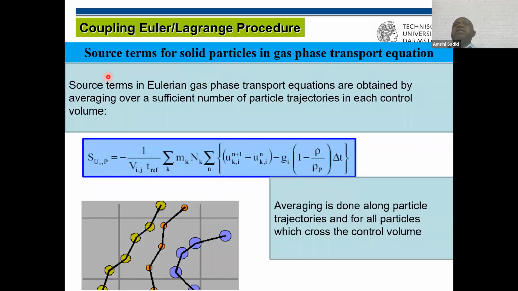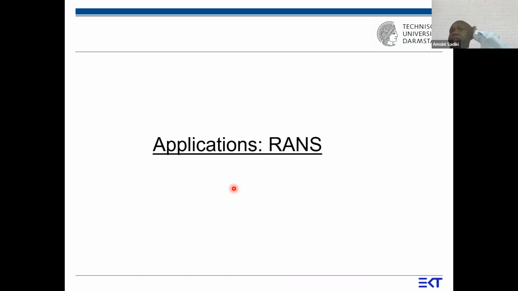This should be done for all the quantities, for mass, for momentum, for energy. And as I write here, we carry out the averaging along the particle trajectory and for all particles which cross the control volume. So if we understand this, then it is very clear for everything, and we can give an application here for rounds.